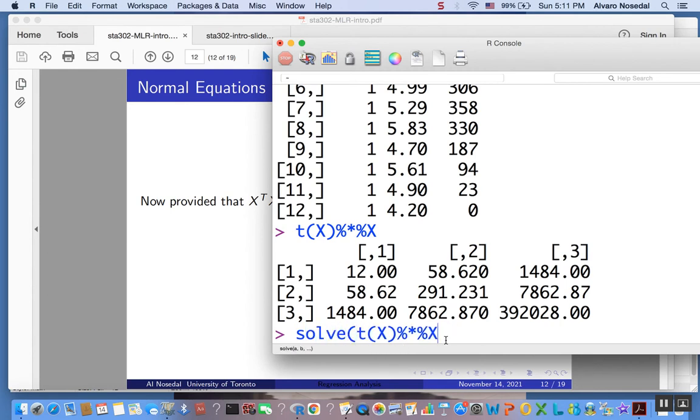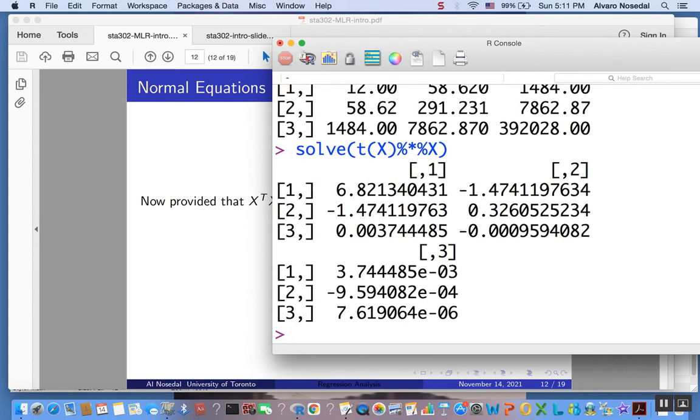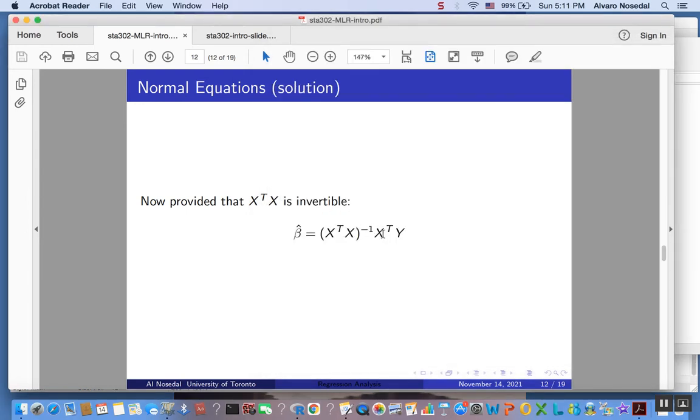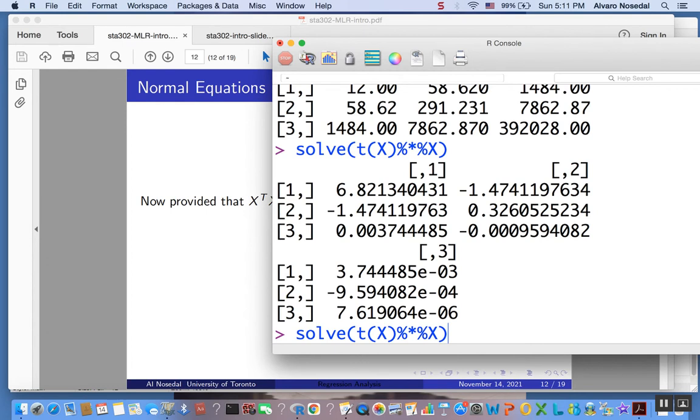So we can solve, and then we have a 3 by 3 matrix, and using that solve function, we get the inverse of the matrix x transpose x, right? And then finally we need to multiply by the transpose of x times y. So let's do that, no problem.